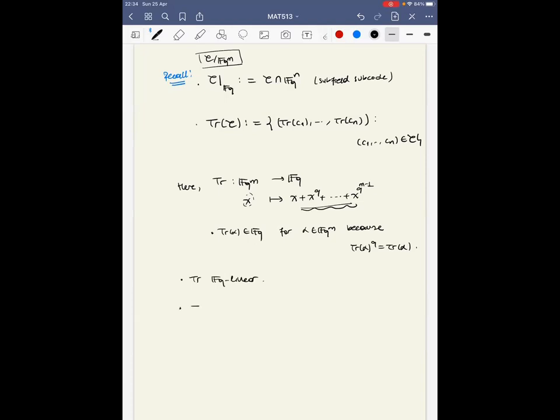And just in case you didn't come across this function before, or if you didn't take the course on finite fields, let me also mention that trace is onto.